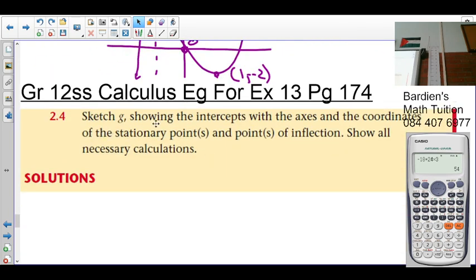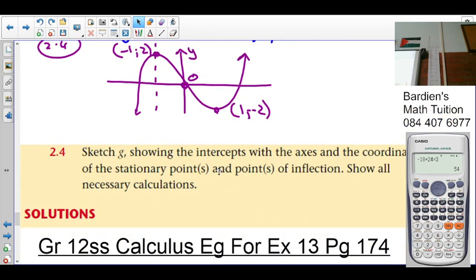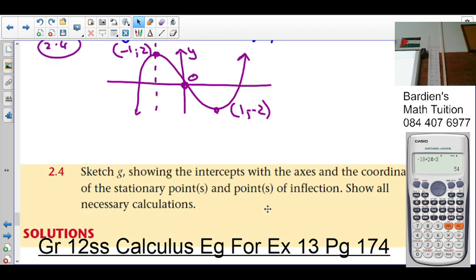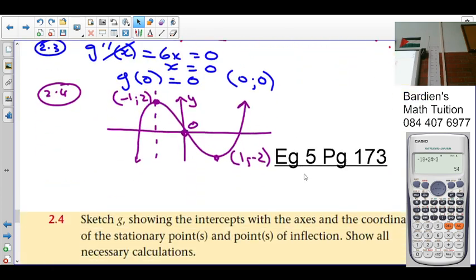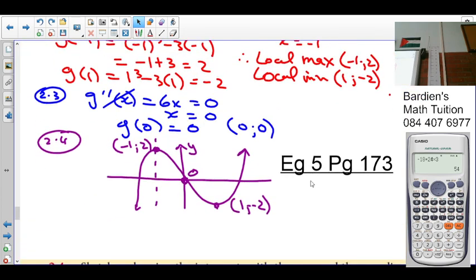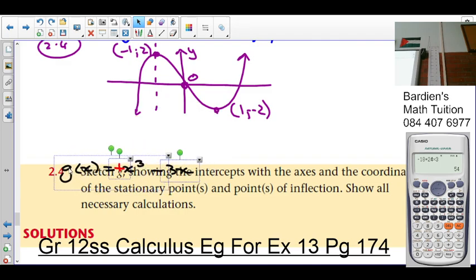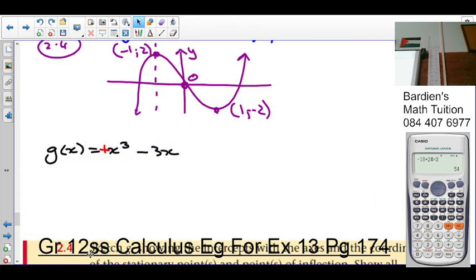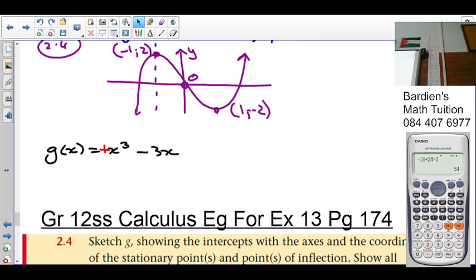Sketch a graph showing the intercepts with the axis. So I still need to work out my x-intercept. How do you calculate your x-intercept? We let y equal to 0.